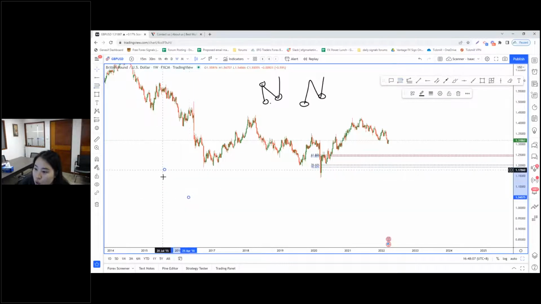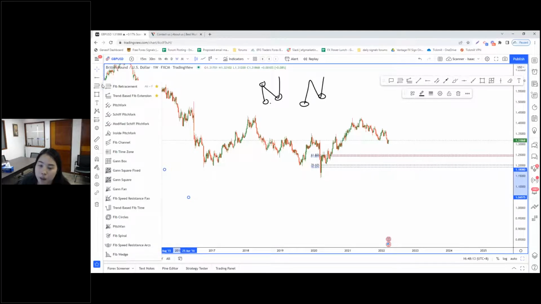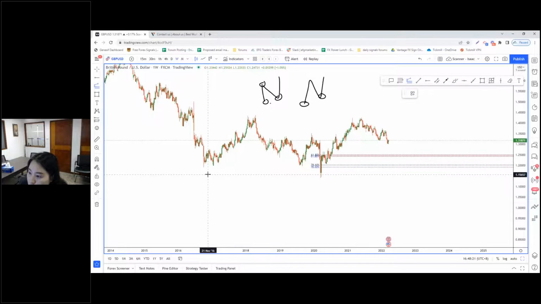If you're using Fibonacci projection, the one that projects where it will go between 61 to 100%, you use this one, the trend-based Fib tool. This one allows you to do 3 points.